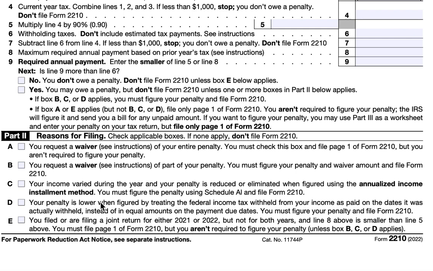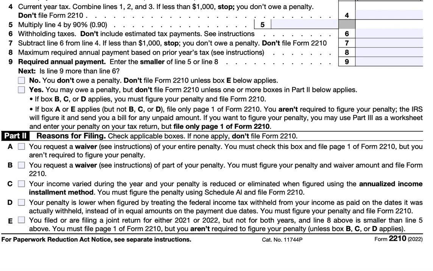But box A is you're requesting a waiver of your entire penalty. So you would have to check this box and then file page 1. But you're not required to figure your penalty since you're asking the IRS to evaluate your situation and completely take it off your books.